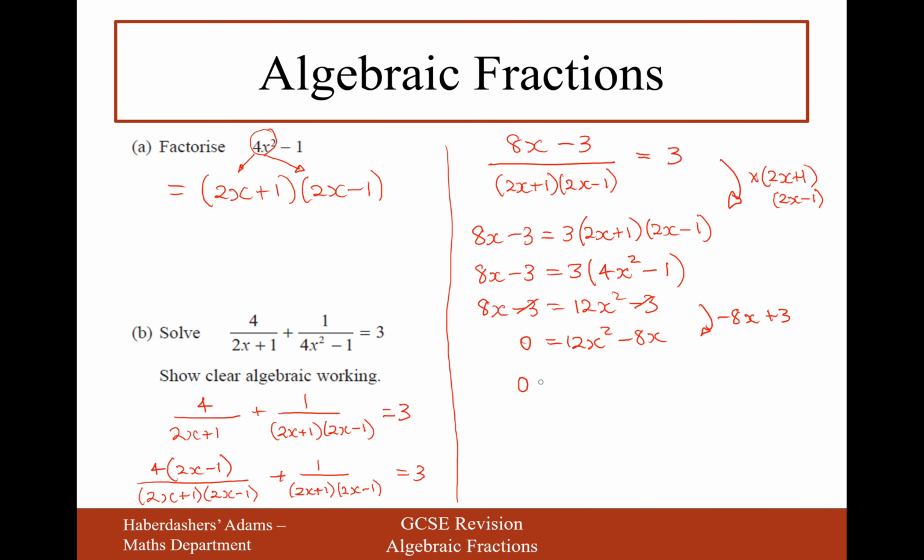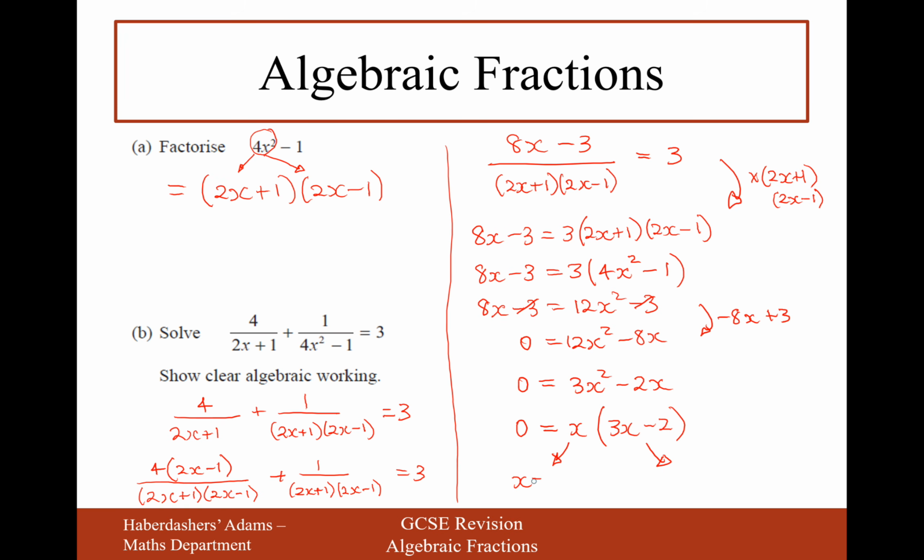I'll divide everything by 4 at this stage just to make my life easier. 3x squared minus 2x. Now I need to solve this. So the way I need to do this is by factorizing. I'll check one bracket factorization first. So yes, I can do a one bracket factorization. x bracket 3x minus 2. And therefore, I've got two expressions, this one and this one, that will multiply together to make 0.